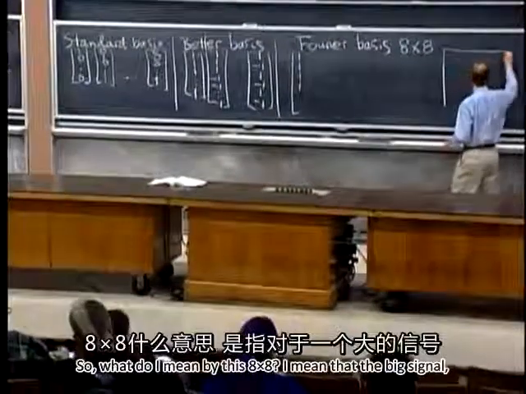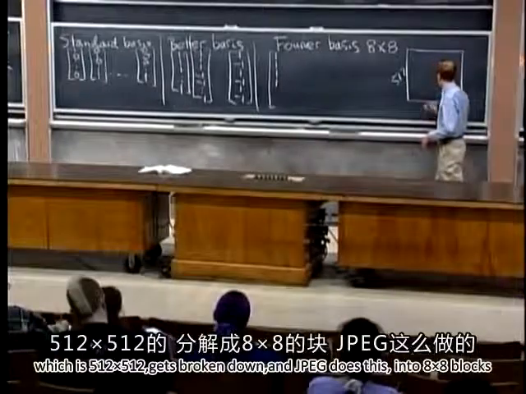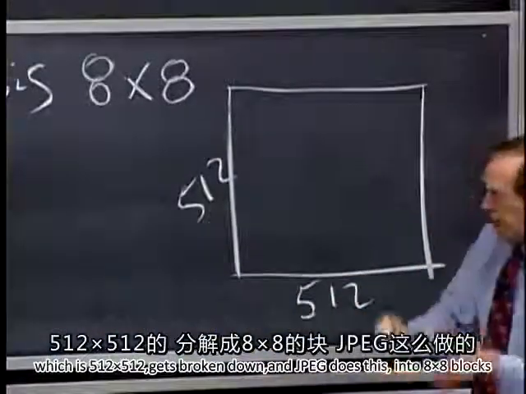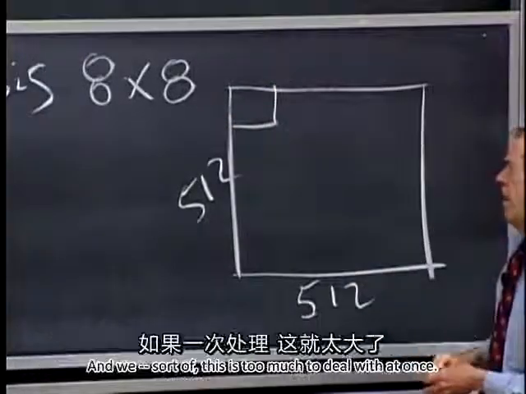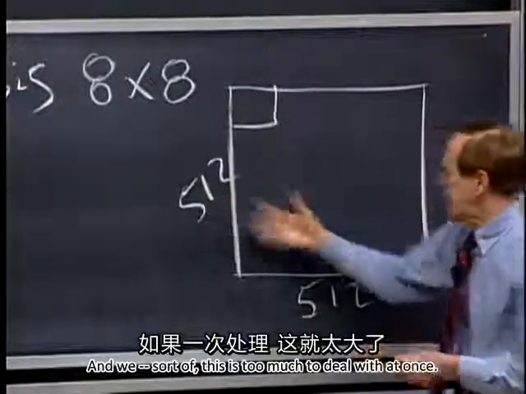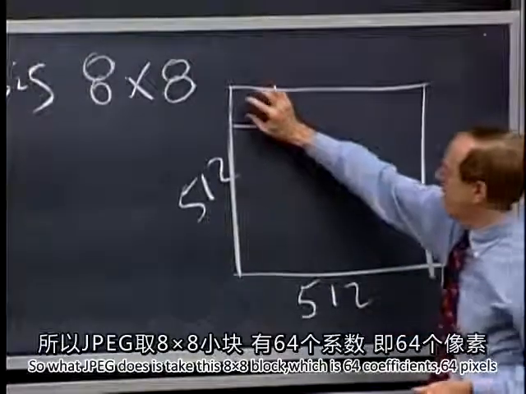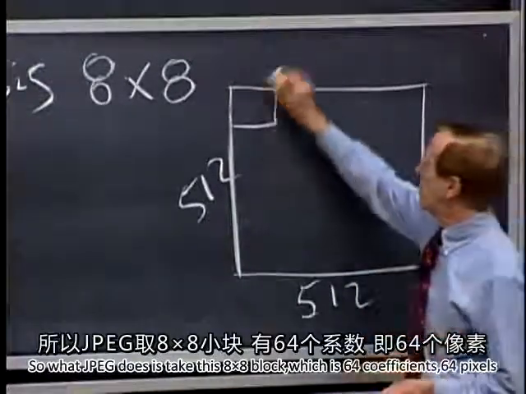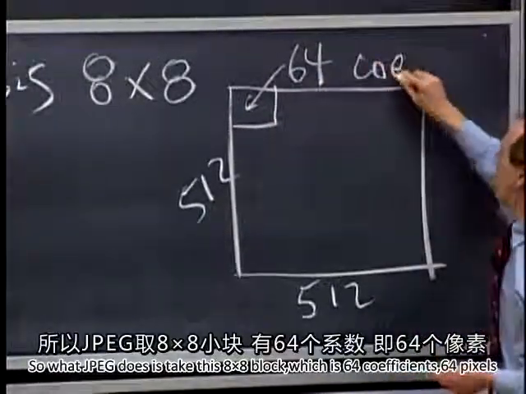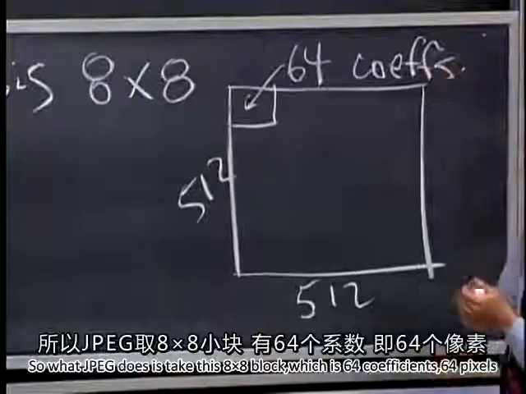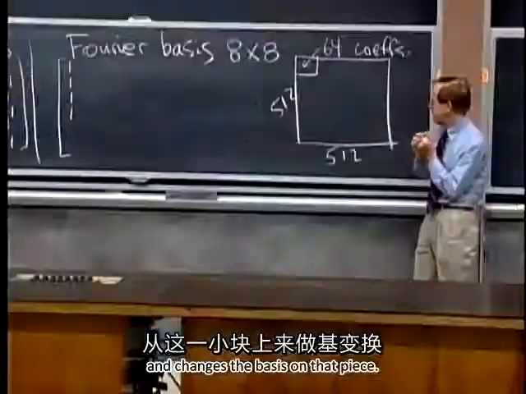I mean that the big signal, which is 512 by 512, gets broken down, and JPEG does this, into 8 by 8 blocks. This is too much to deal with at once. So what JPEG does is take this 8 by 8 block, which is 64 pixels, and changes the basis on that piece.